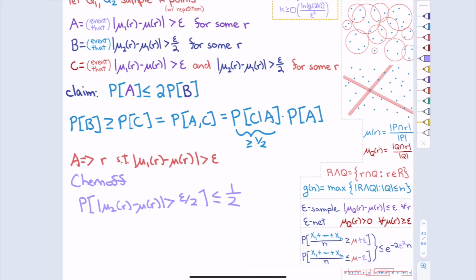Now, if mu2 does have error less than epsilon over 2, then mu1 of r minus mu2 of r is at least mu1 of r minus mu of r, minus mu2 of r minus mu of r, just triangle inequality type of stuff.